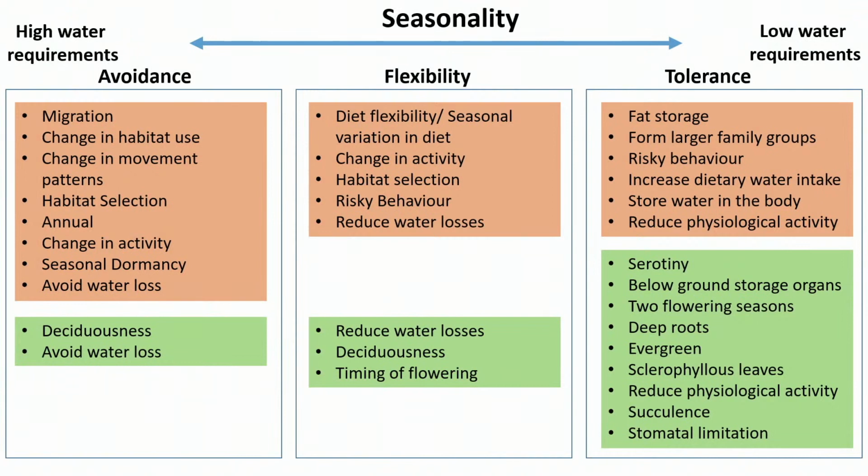So we thought that maybe this could be a sliding scale, where avoidance is one end of the spectrum and tolerance is the other end of the spectrum, and then the traits fall somewhere within the middle of that scale. And also it depends on the amount of water that is required. So those organisms that have high water requirements are more likely to be avoiders, and those that have low water requirements are more likely to be tolerators.